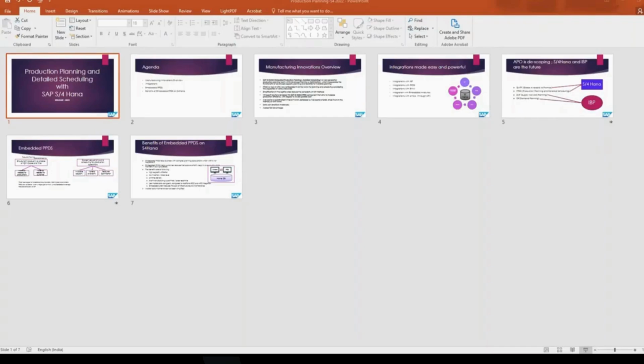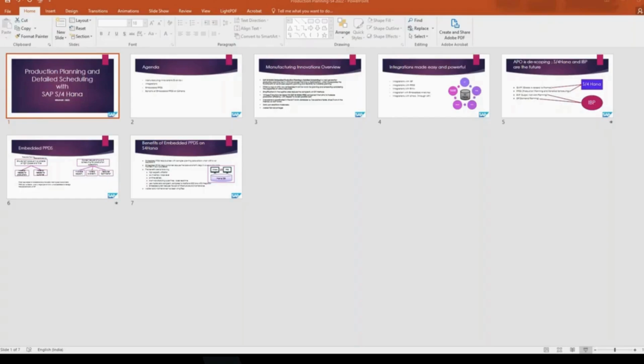So in today's sessions we will cover the primary things, like the agenda. On the agenda we will talk about the manufacturing innovations done in SAP S4HANA with respect to PPDS. We'll talk about the integrations. When I say integrations, it is primarily EWM, PPDS, IBP, all these integrations with S4HANA.